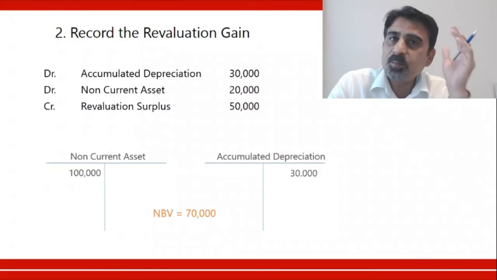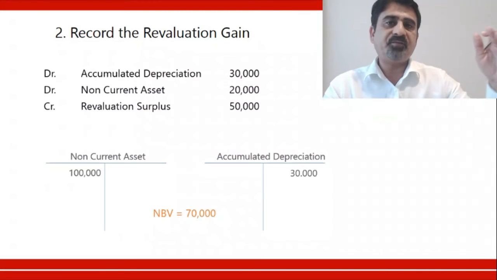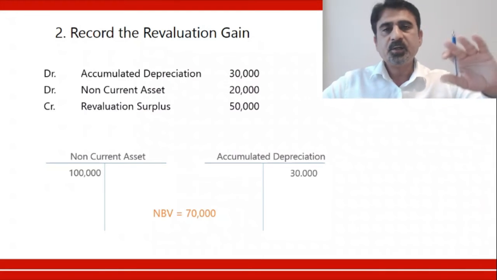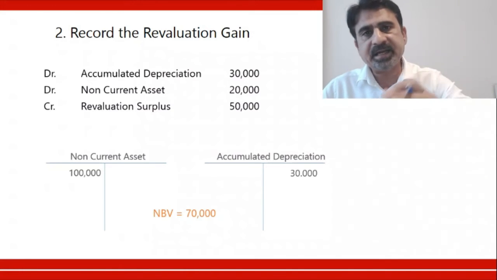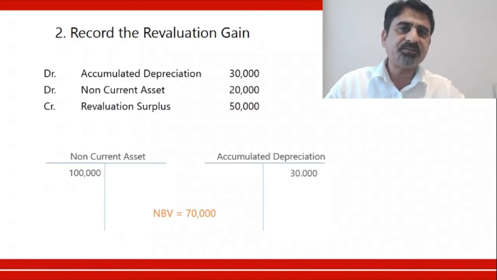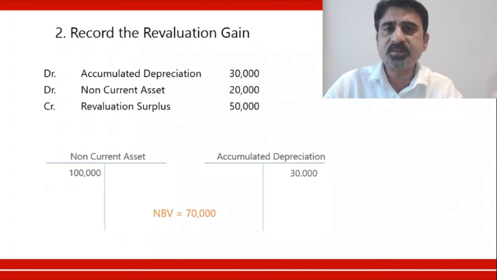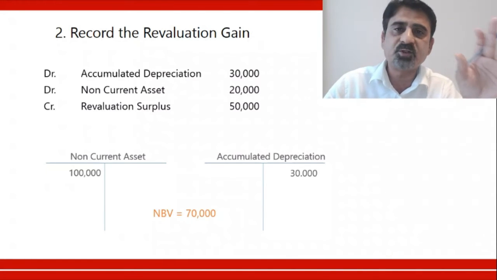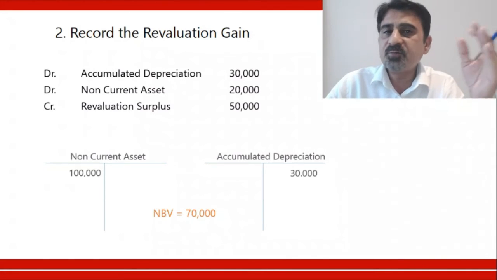We assumed in the very beginning that the asset is losing value 5,000 every year. So at the end of the first year, we made the asset 100,000 to 95,000, then second year 90,000, then third year 85,000. That's how we were decreasing the value of the asset, because we assumed that the asset was losing $5,000 every year. However, in reality, the asset was not losing value.